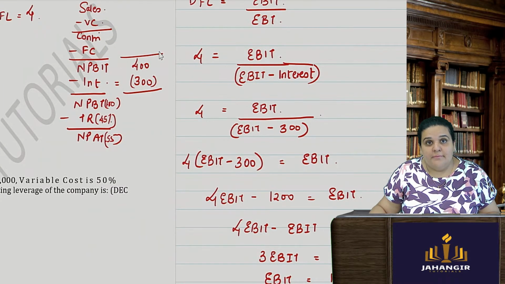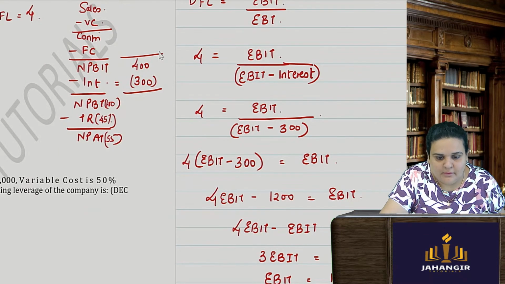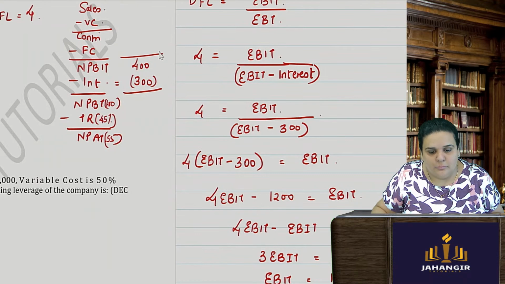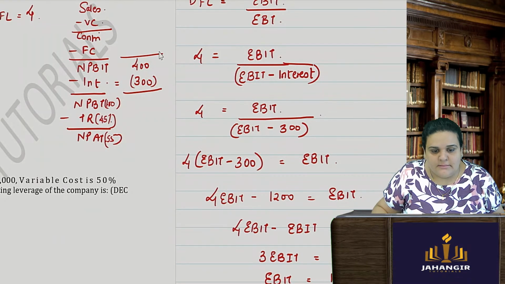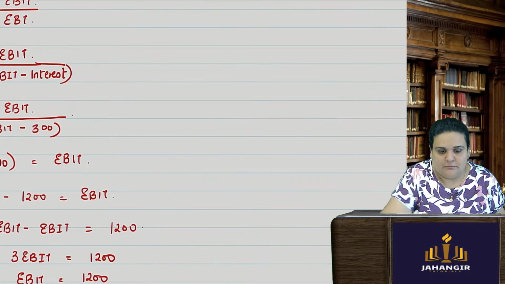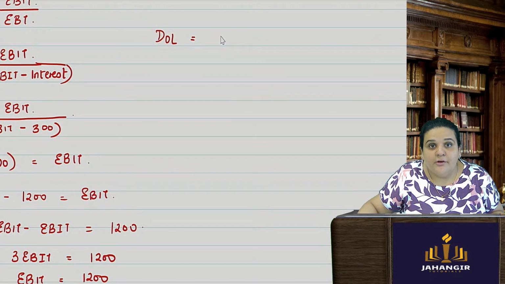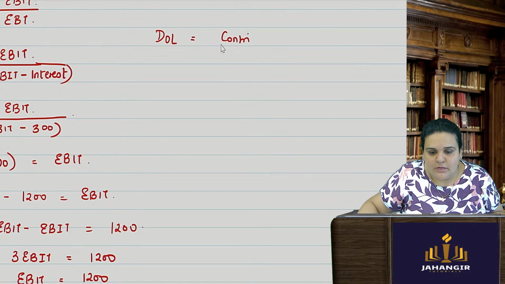Now they are asking me my fixed cost. Fine. Now I know my EBIT. I also know my interest. Now I have to find my fixed cost. Let us use the degree of operating leverage now. Degree of operating leverage, contribution upon NPBIT.